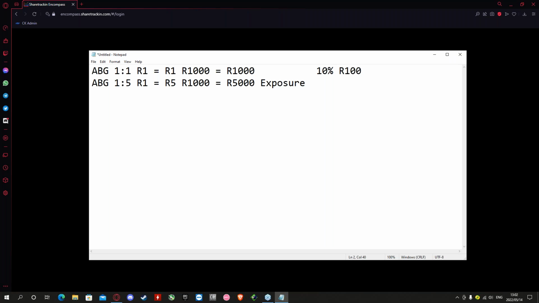If you trade on a CFD, because you're trading with a R5,000 exposure, 10% on that would be worth R500. So you would have a higher reward ratio.